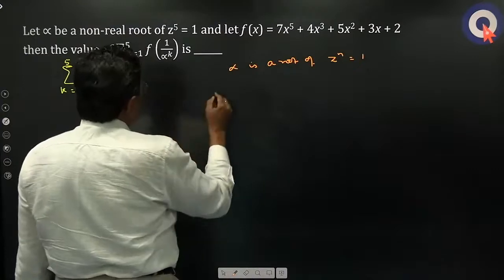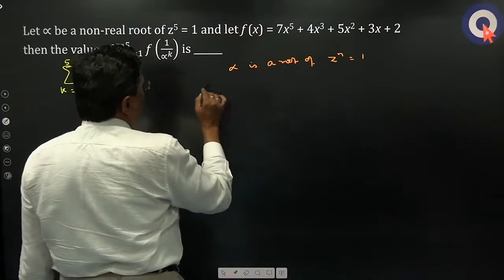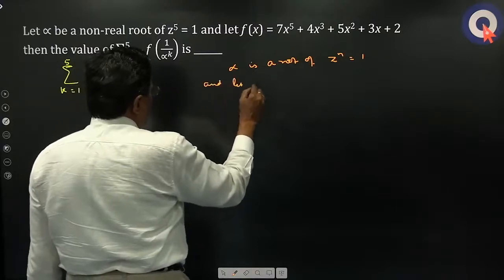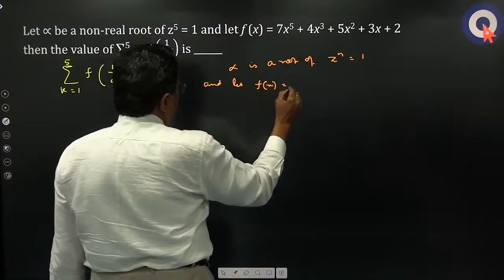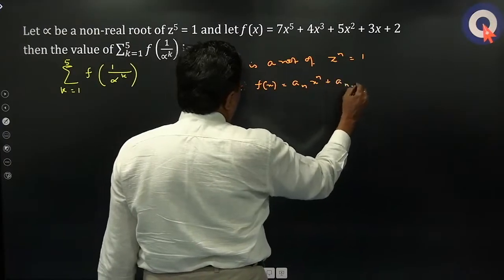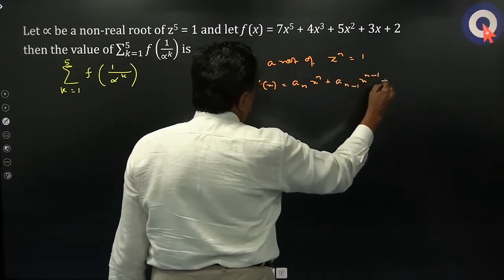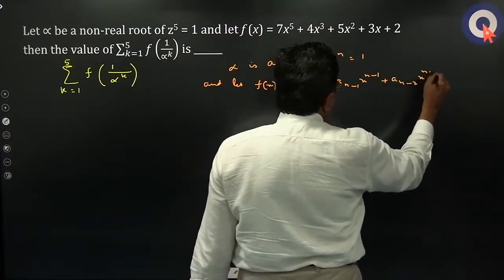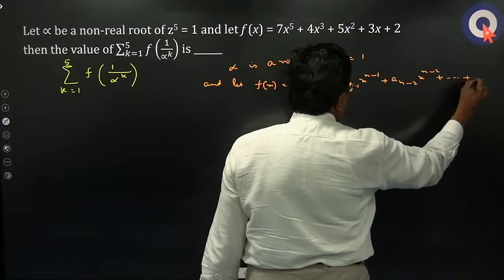And let us say we are given a polynomial, and let f(x) is equal to a_n x power n plus a_(n-1) x power n minus 1 plus a_(n-2) x power n minus 2 and so on plus a naught.